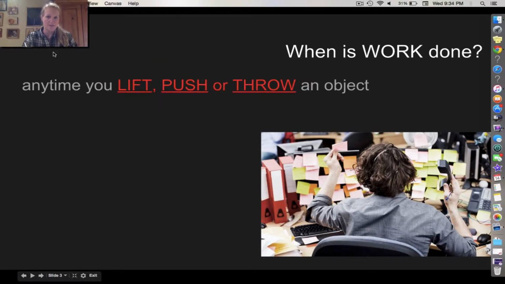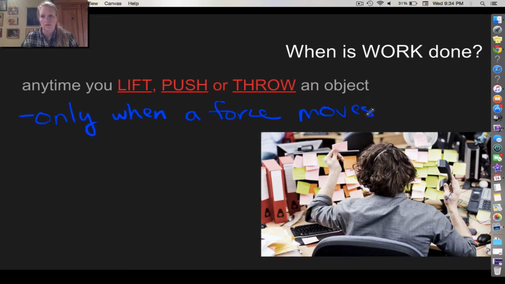Okay, when work is done, anytime that you lift, push, or throw an object, but one more thing, only when a force actually moves the object.